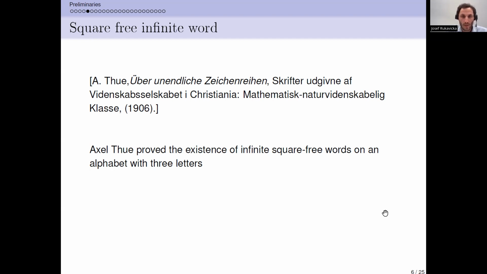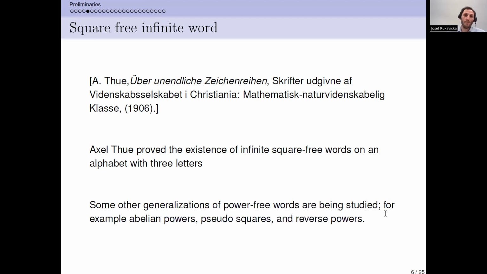This can be proved very easily. But for the alphabet with 3 letters, it was not so obvious. And Thue proved the existence, and he constructed such an infinite square-free word using 3 letters. So this paper and this result is considered a kind of breakthrough in this field of power-freeness and combinatorics on words. You can see it is more than 100 years old, so the concept is quite old.